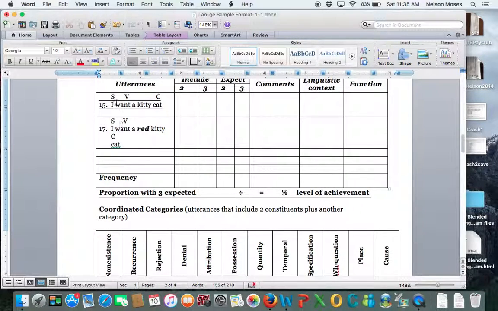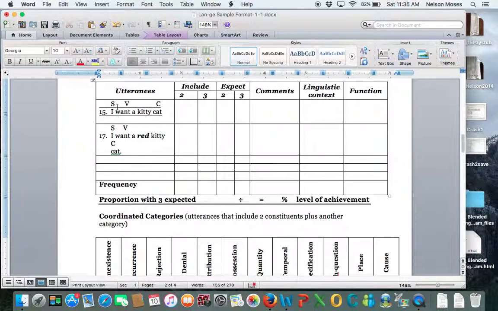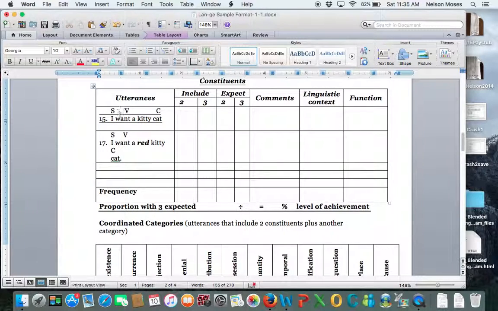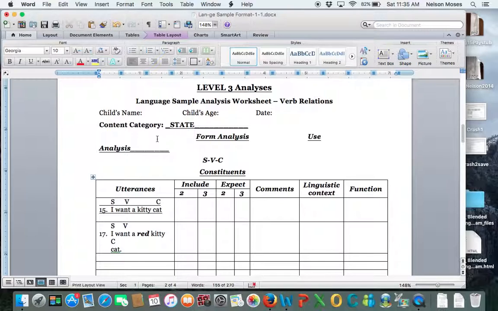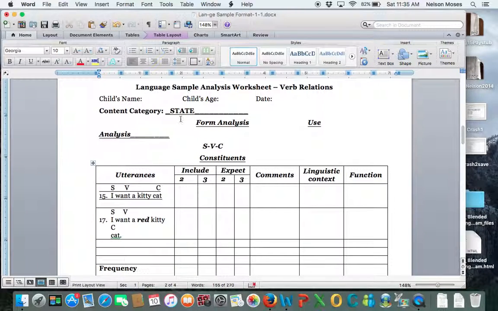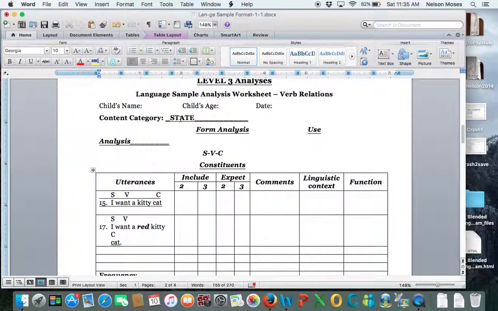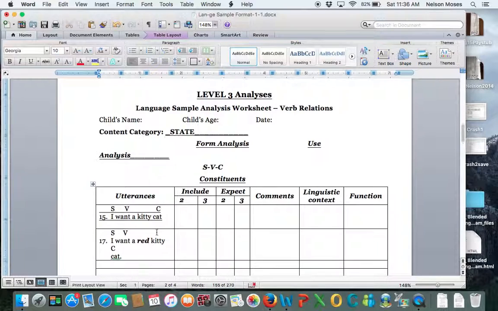In any event, the point is the following: as you identify your sentences, you identify the verb relation content category and put your sentence on the analysis page that corresponds to the verb relation content category you've identified in your utterance.